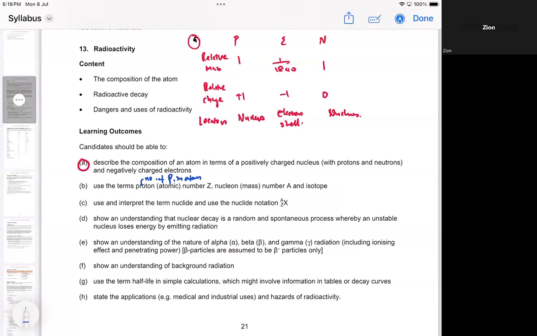Nucleon number is the total number of protons and neutrons in the nucleus.